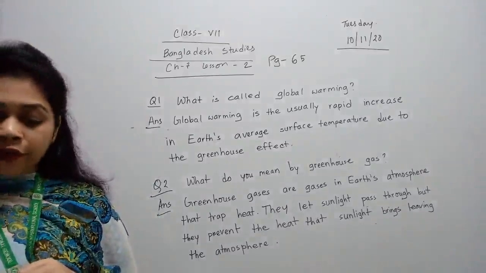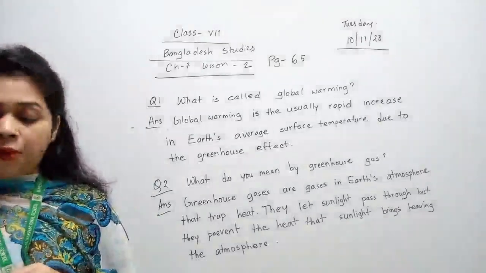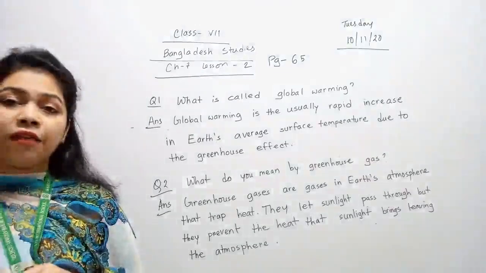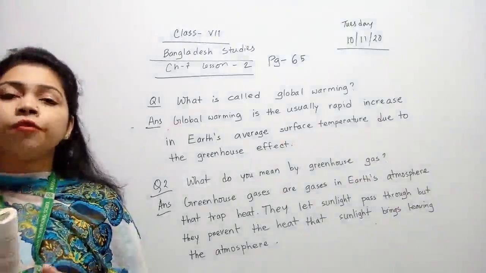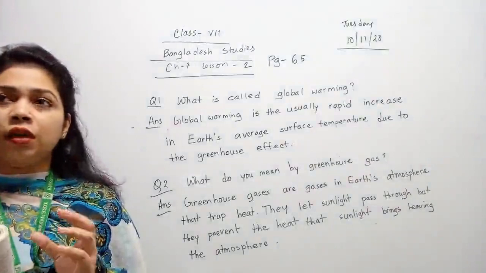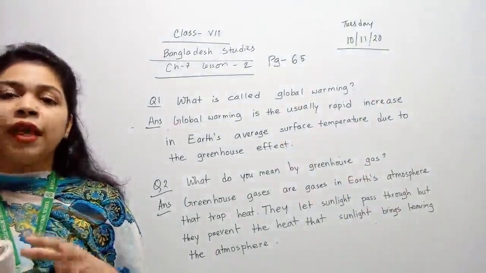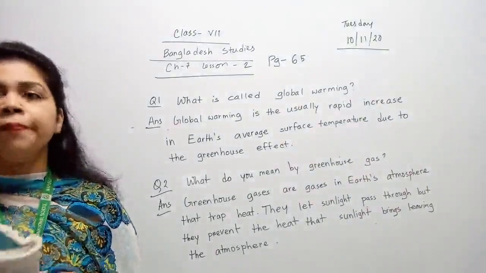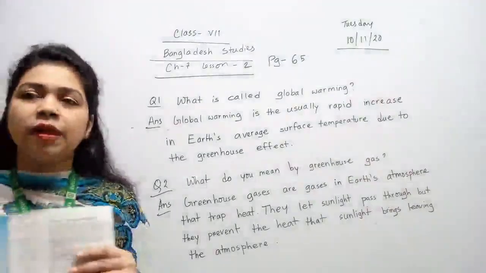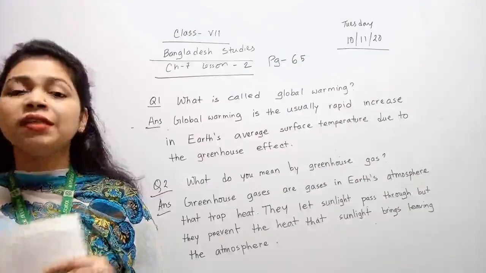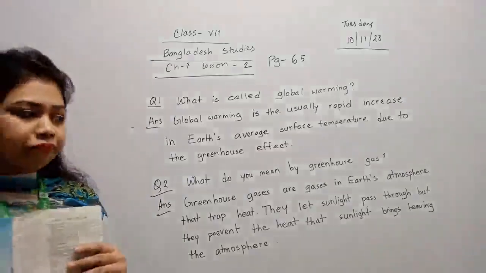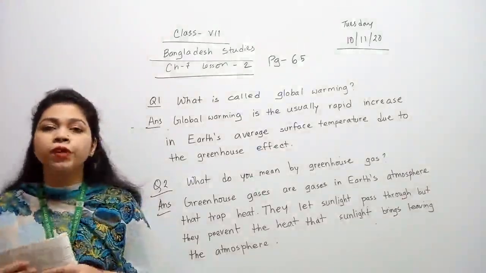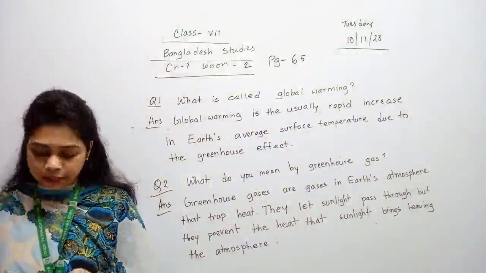However, developing countries like Bangladesh do not use the same amount of fuel as the developed countries. In the developed countries, the amount of fuel being used is more than in the developing countries. Obviously, we are developing, so the number of industries and everything is less than in the developed countries. So the usage of fuel is also less.